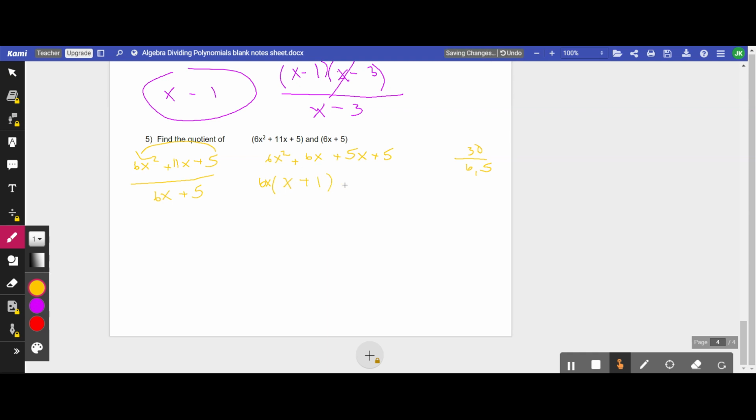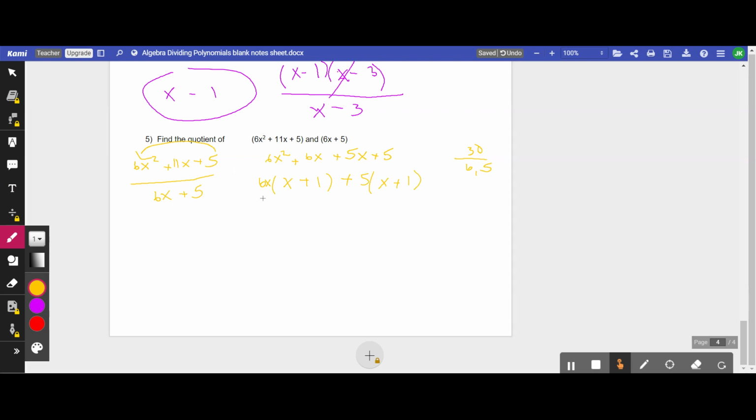And then you can group your last two terms there. So you have 5x plus 5. So your GCF for those will be a 5. So you can write plus 5 then. And then you can fill in your parentheses. So 5 times x will give you 5x. And then 5 times 1 will give you the 5 there. And then your parentheses match. So that's good. And then you can write this the short way.